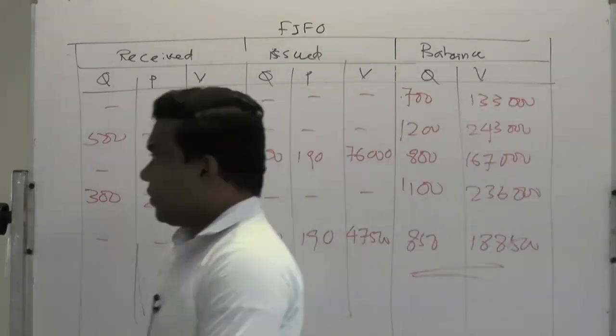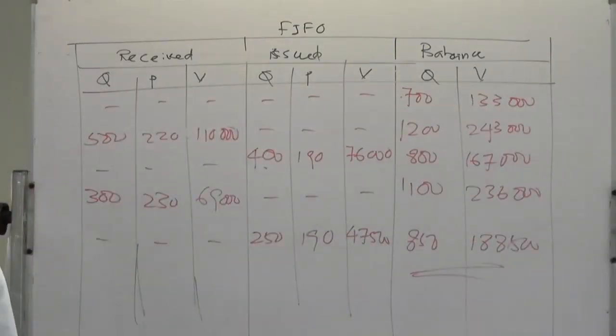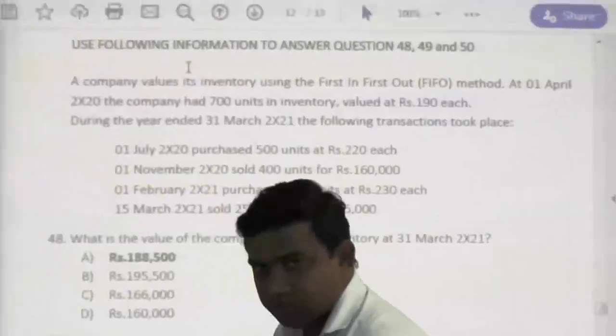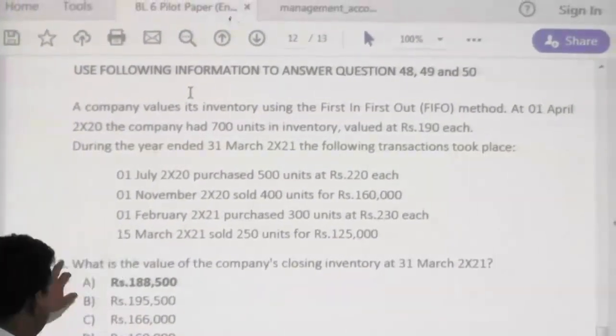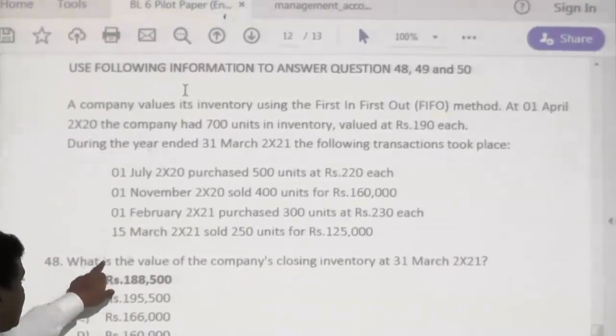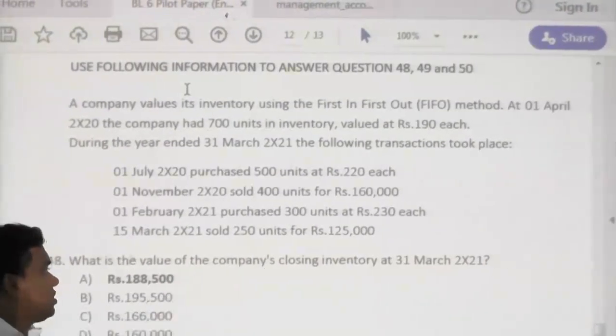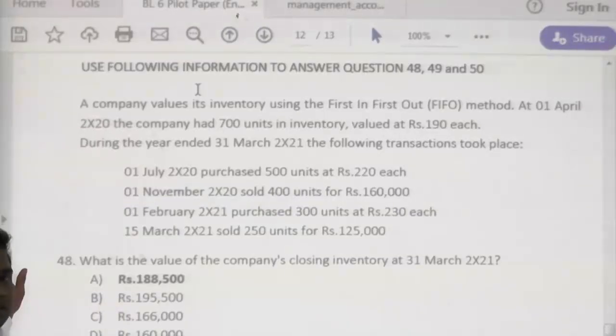Now let's see what are the questions raised. Suraj will support to turn the camera. Question number 48: what is the value of the company's closing inventory? Now Suraj will turn the camera on to the white screen.